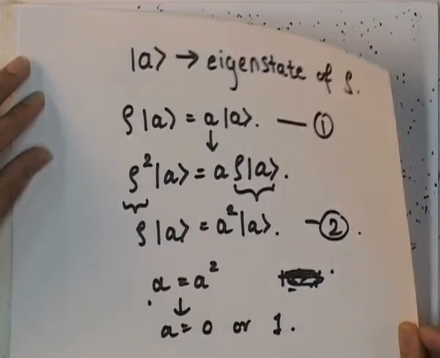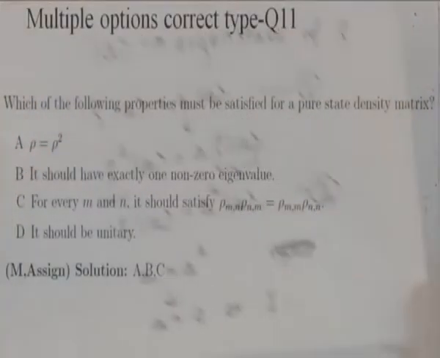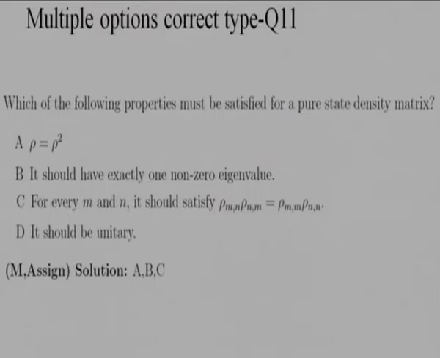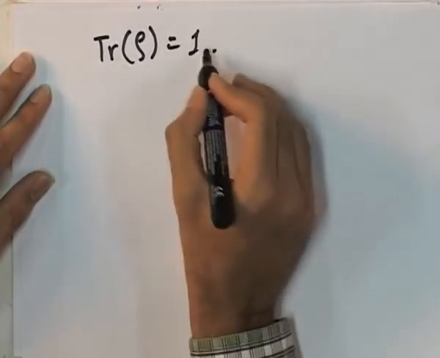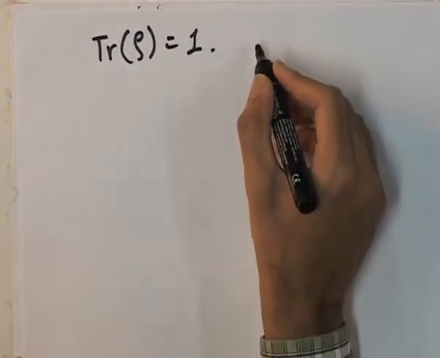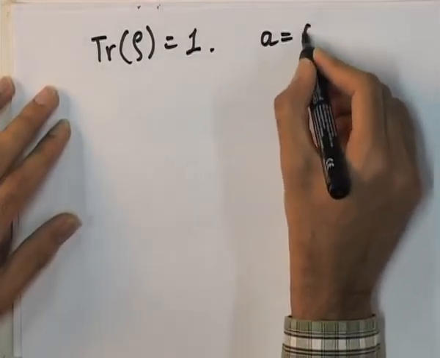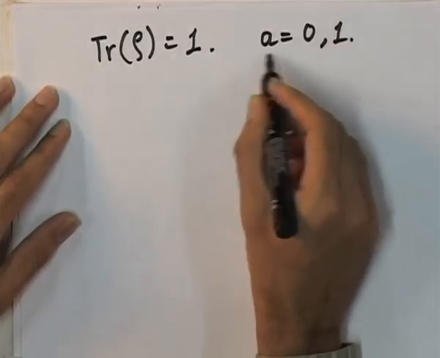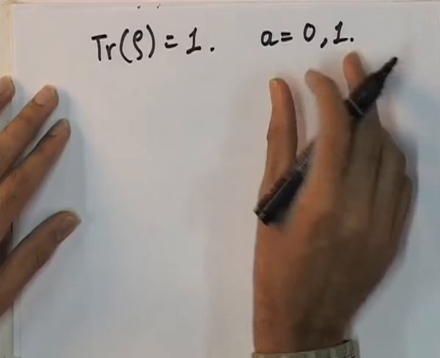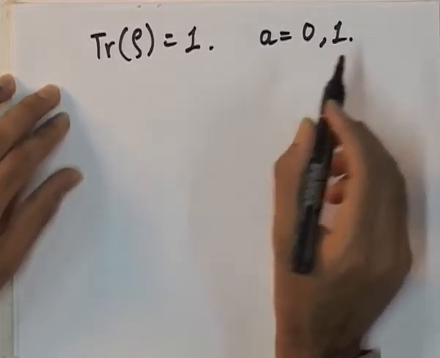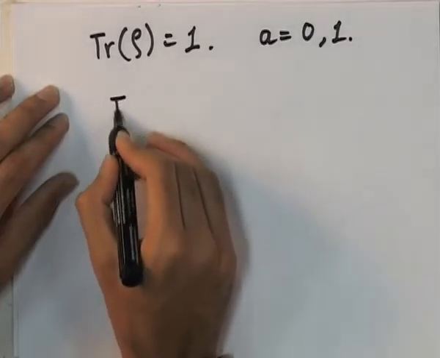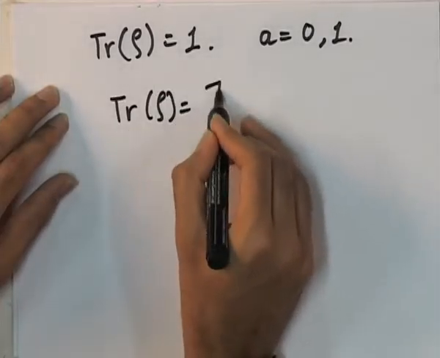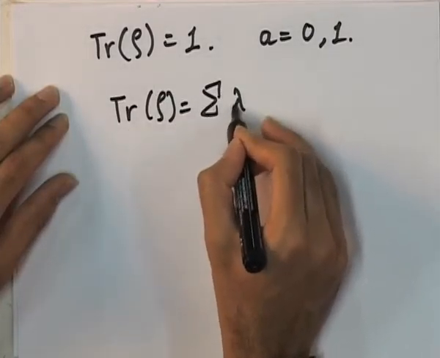Now, using the property that the trace of any density matrix has to be equal to 1, and using the fact that the eigenvalues are only zeros and ones, we can conclude that there's exactly one non-zero eigenvalue. This is because the trace of any matrix is given by the sum of its eigenvalues.